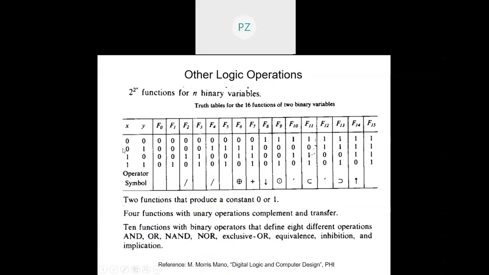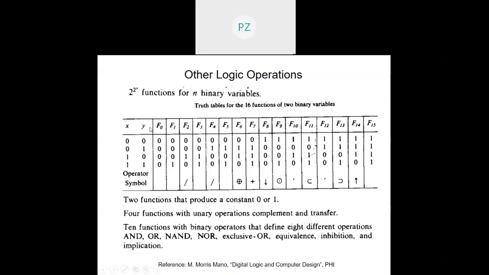With two variables, x and y, how many functions in all are possible? The formula is 2 to the power 2 to the power n. So for two variables, it will become 2 to the power 2 to the power 2. 2 squared is 4, so 2 to the power 4, which is 16 different functions possible using the two variables x and y.